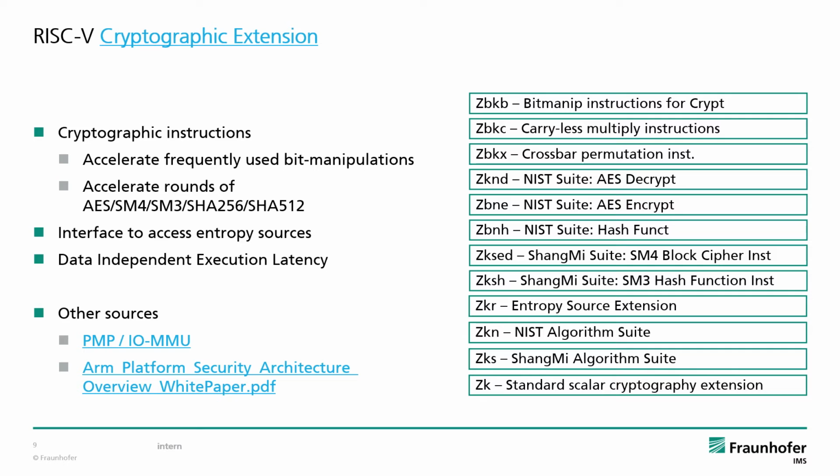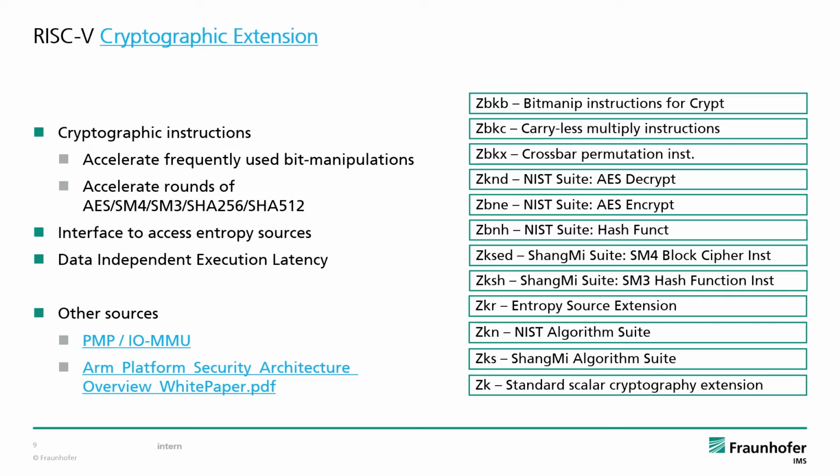This extension mainly supports the performance of cryptographic algorithms by defining specialized instructions for popular ciphers and hashes, but it also describes a standard interface to access randomness generated by an entropy source. And it deals with a certain type of attacks based on runtime differences by providing operations with data-independent execution times.